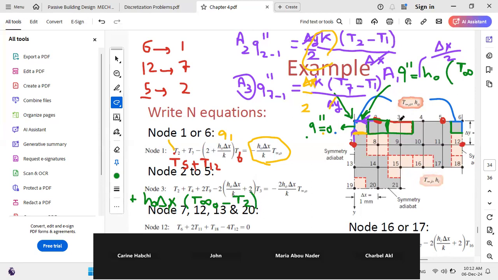Now I have conduction from all other sides. If I take this face between 1 and 2, the area is delta y over 2 times 1. So I do plus k times delta y over 2 times, since between 1 and 2, it's T1 minus T2, and the distance between the two nodes is delta x, so over delta x.